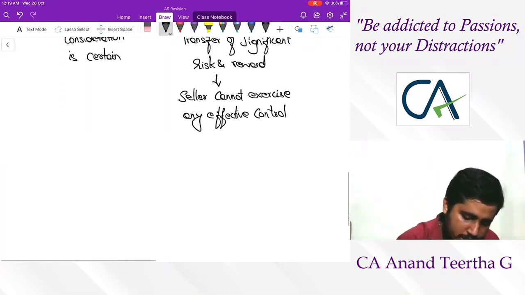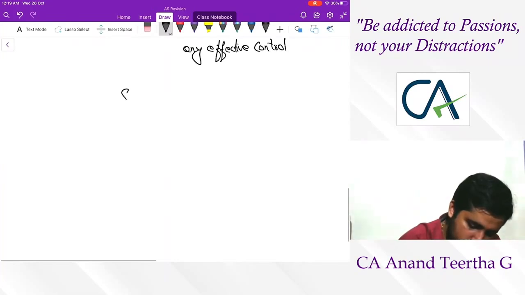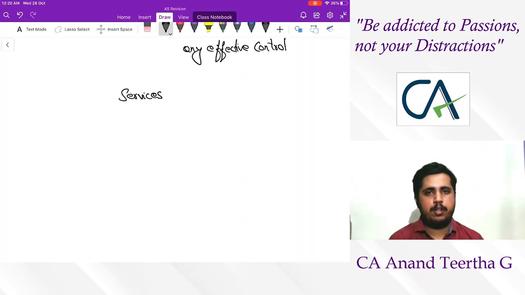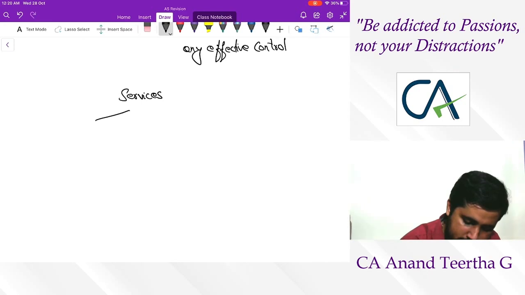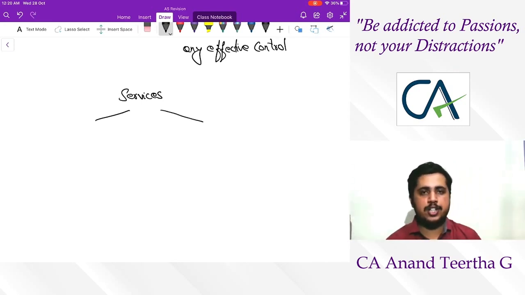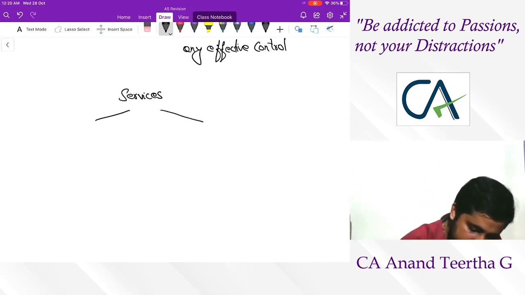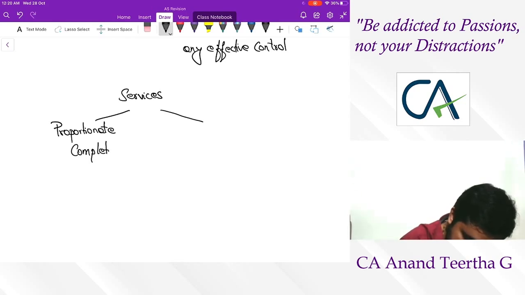Then the next one, services. How to recognize revenue from the services angle. Whenever services are involved, there are two methods in which revenue recognition will take place. One is called proportionate completion, and the second one is completed service contract.